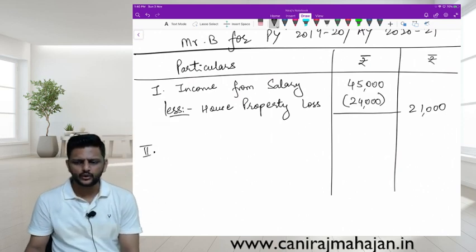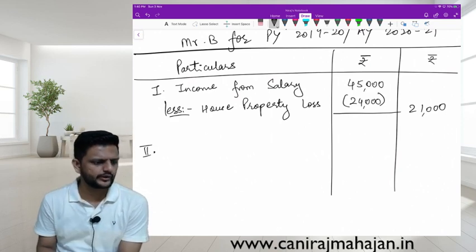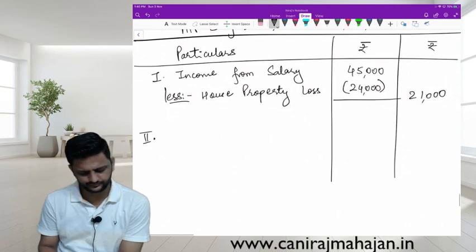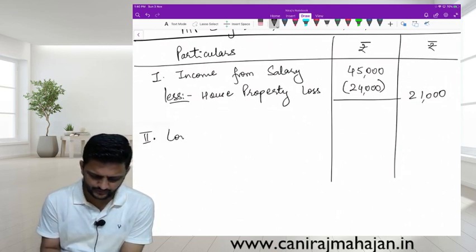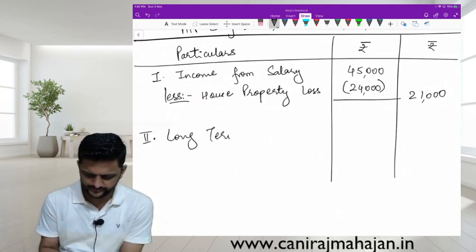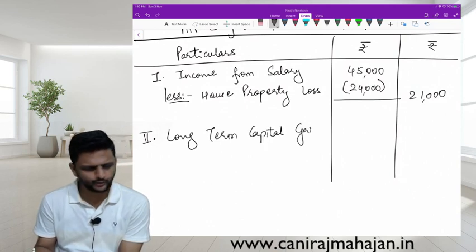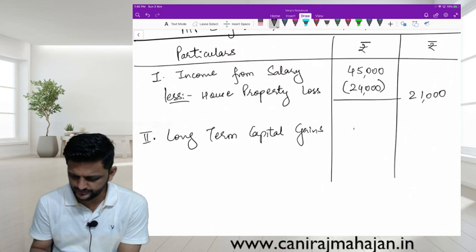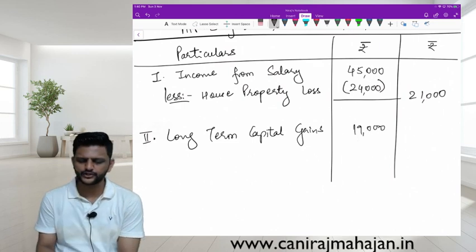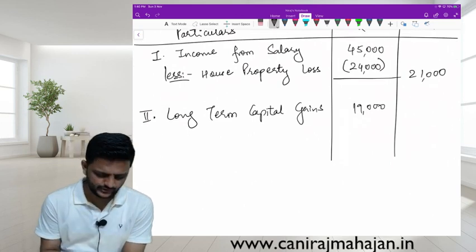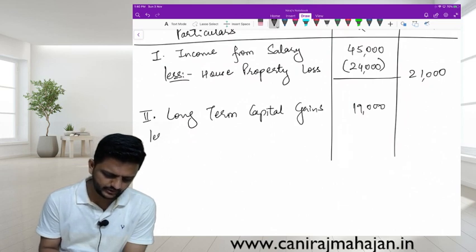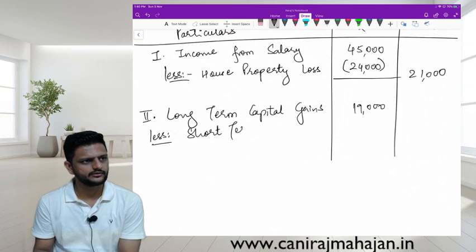Second, what other income do you have? Long term capital gains. How much? 19,000 positive. Allowed to be set off or not? So less what? STCG loss.